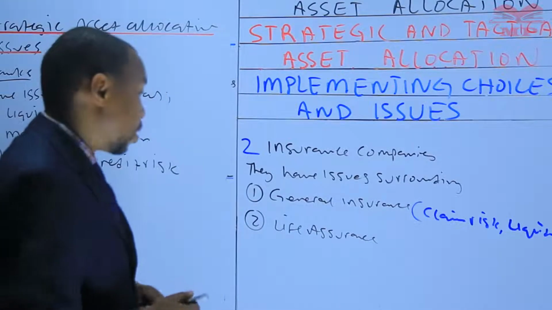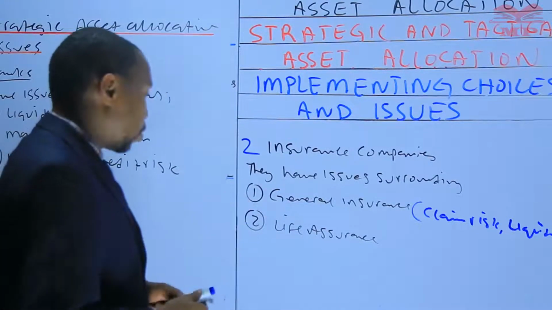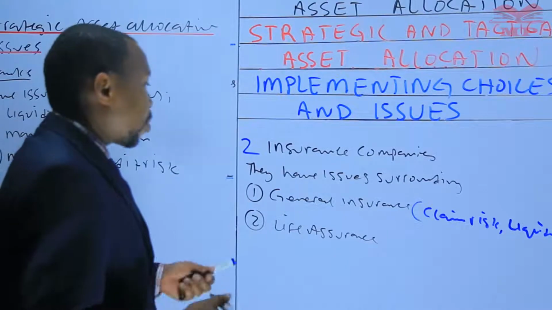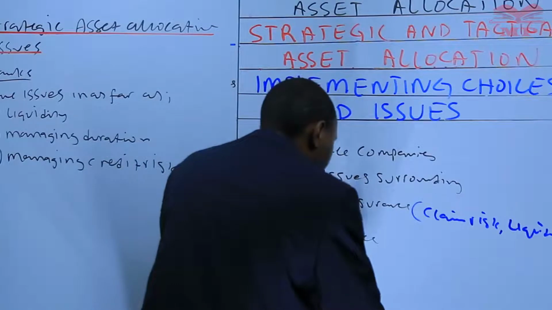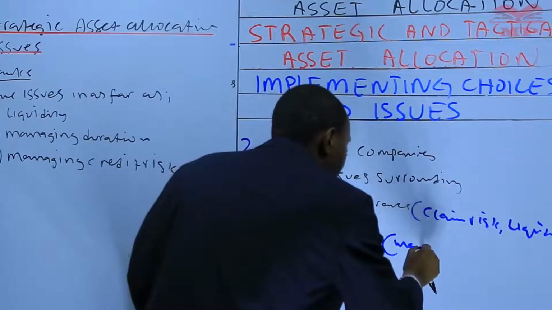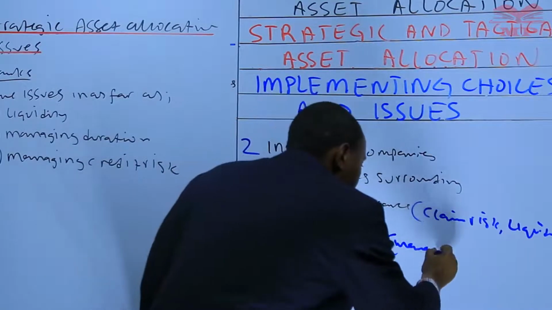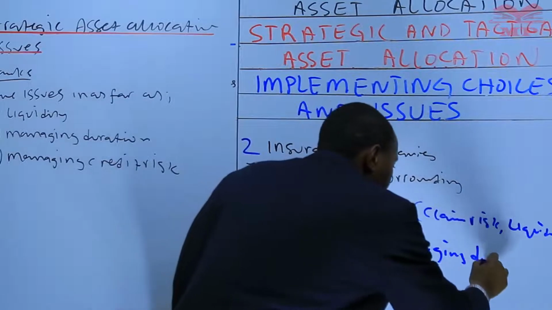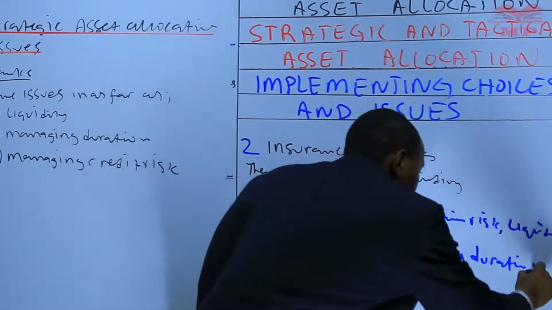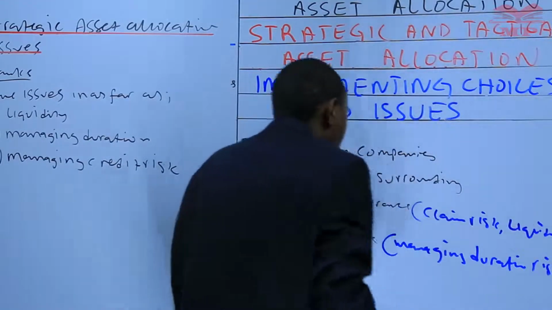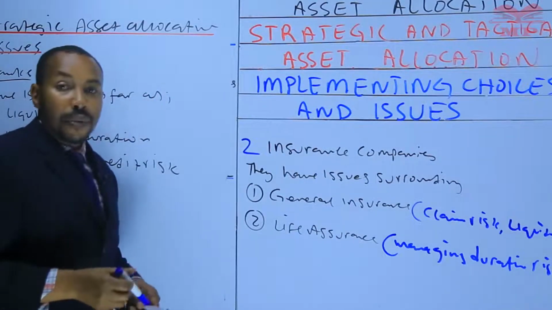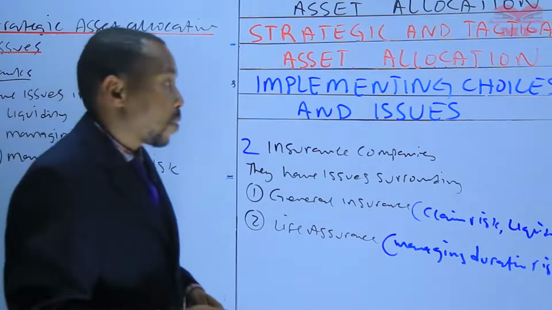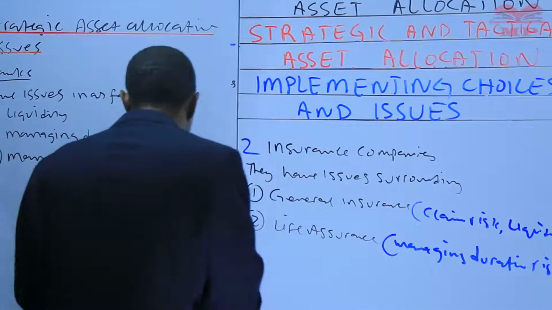Working capital needs to be top notch. And in a life insurance business, we're talking about managing duration risk. For how long will we invest in specific asset classes? That's what we're talking about.